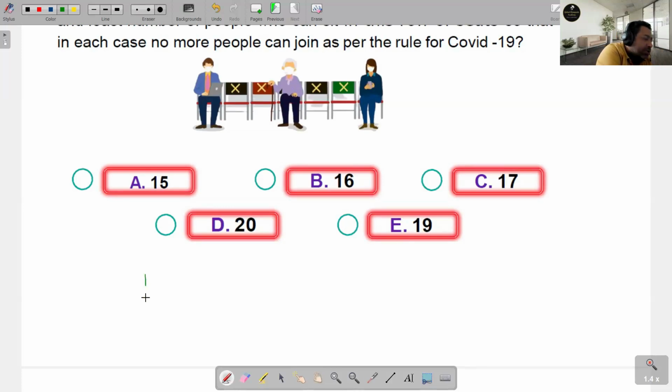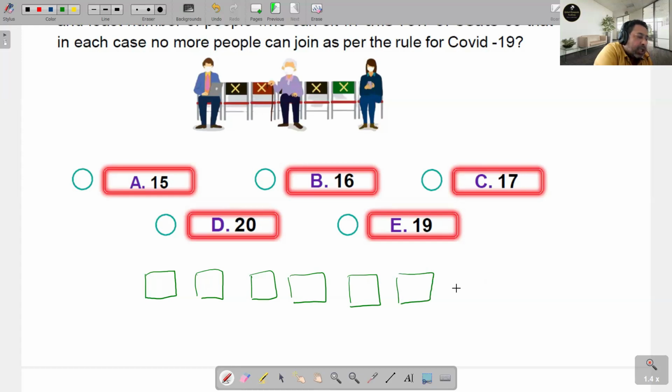So let me draw some seats here, and some seats here in the end. So this is seat 1, seat 2, 3, 4, 5, 6, and so on and so forth. And the last ones over here are going to be 98, 99, and 100.